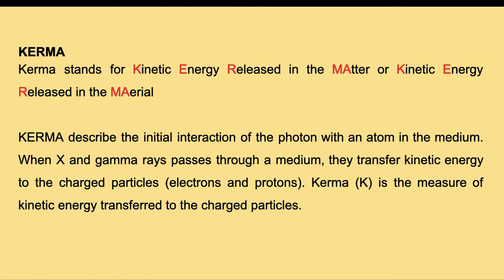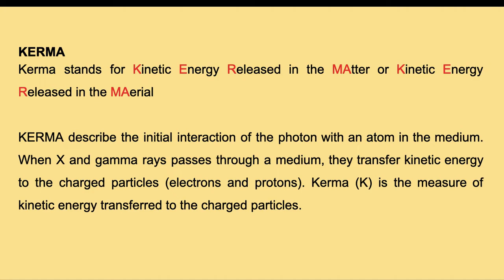And next is Kerma. This Kerma stands for kinetic energy released in the matter. That is KERMA. Kinetic energy released in the matter or kinetic energy released in the material. Both are equivalent terms. And Kerma describes the initial interaction of the photon with an atom in the medium.